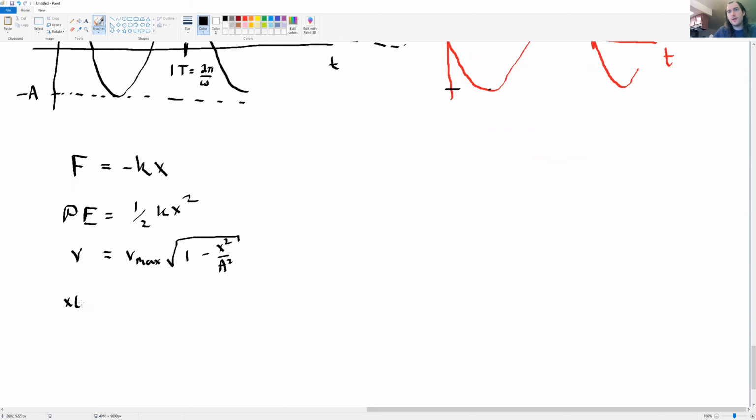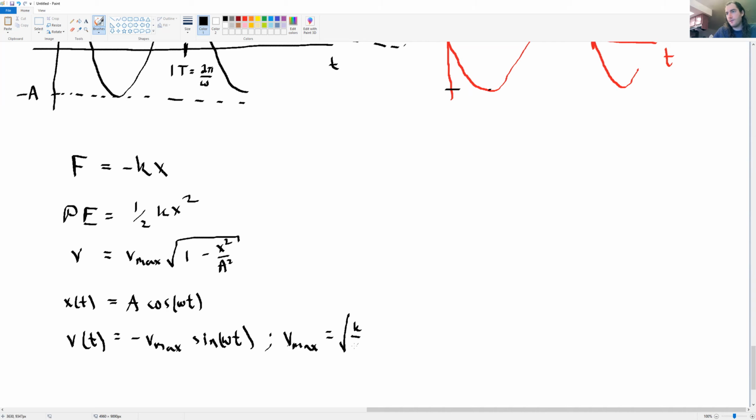Then we said, well, okay, x as a function of t, we could write as A cosine omega t. And that allowed us to write v of t, which is minus v max sine omega t. Here, v max is square root of k over m times A.